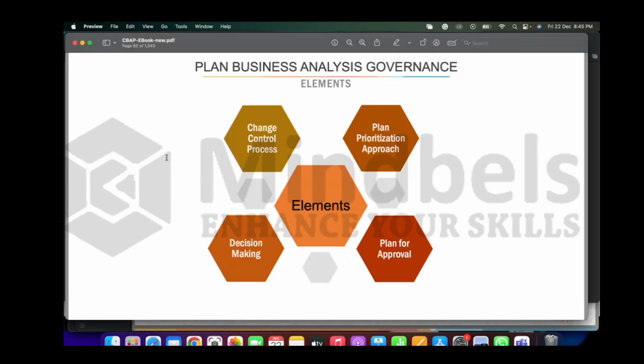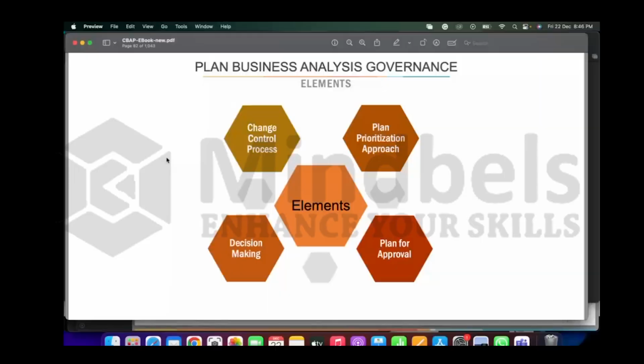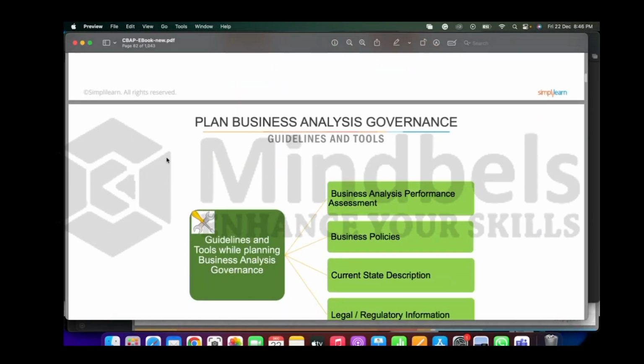So tomorrow if something goes wrong, you can take a governance record and show them: this is what was discussed, this was the process we updated, this is the change control, this is the approval, this is the decision making. All that is very important. So those are the elements.